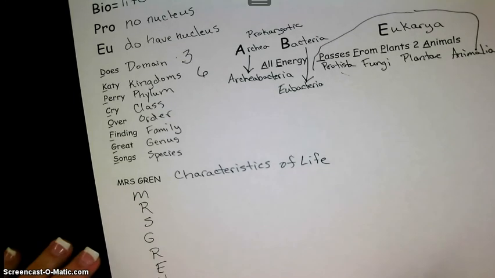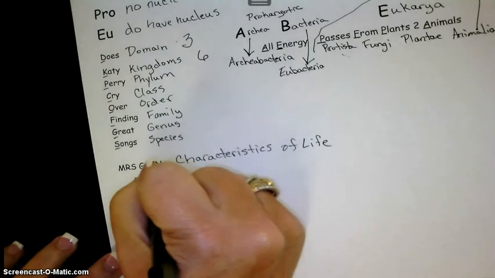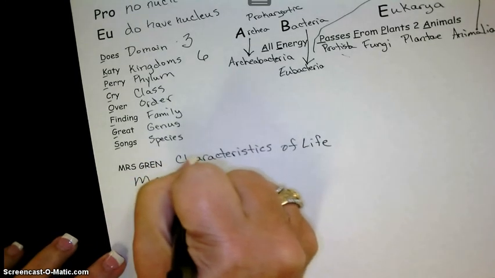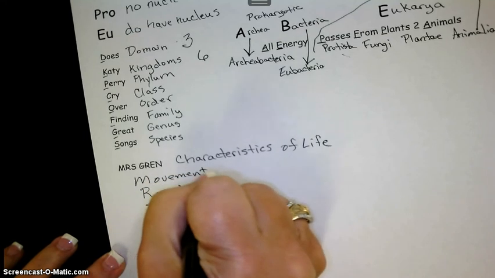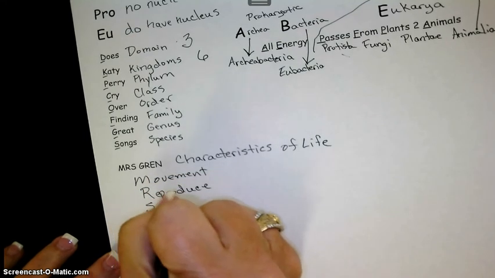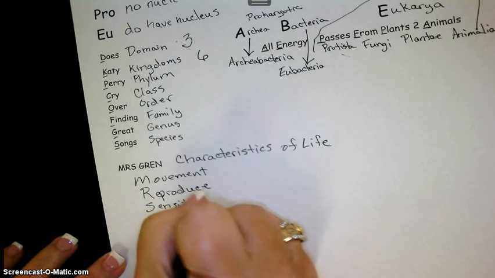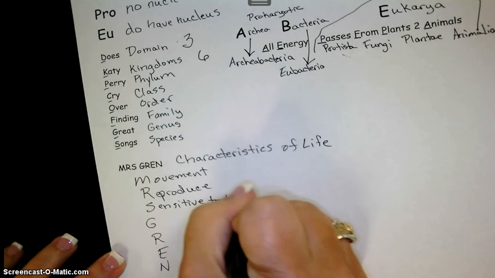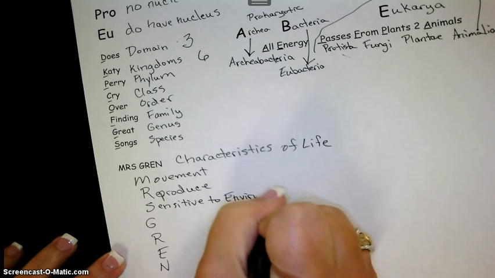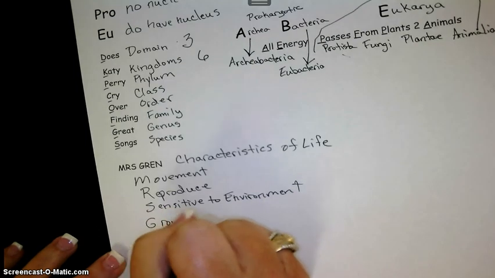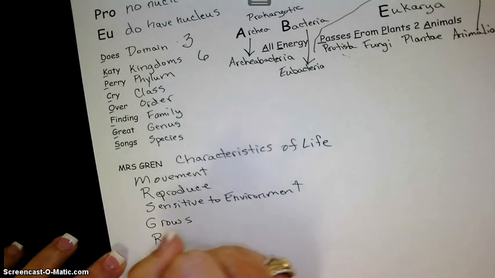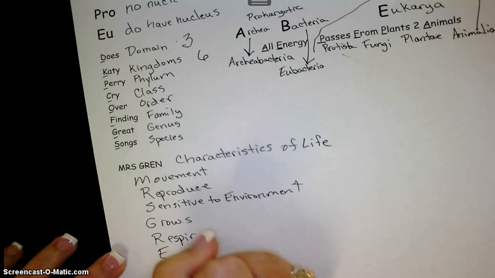And so we would just put MRSGREN, and that would help you to remember movement, reproduction or reproduce, sensitive to environment, grows, respiration.